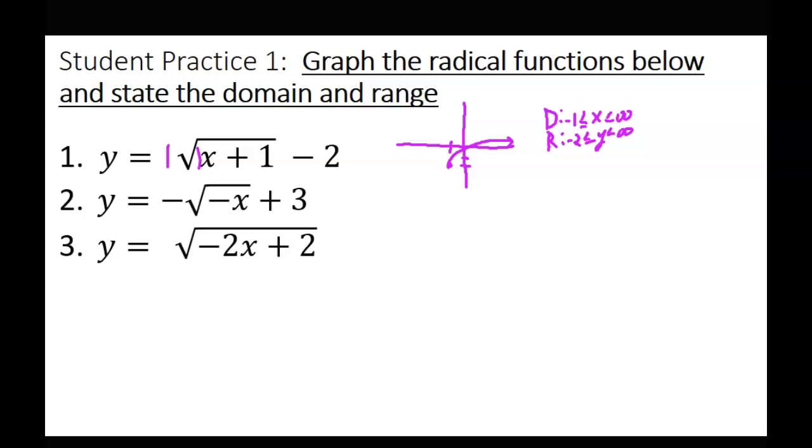So for this one, let me ask Ricardo, what is our starting point on number 2? Good. And as for the direction, Robert, what direction does this one go in?